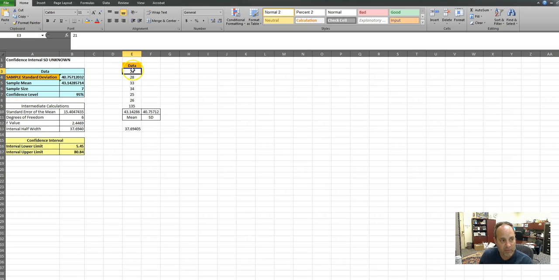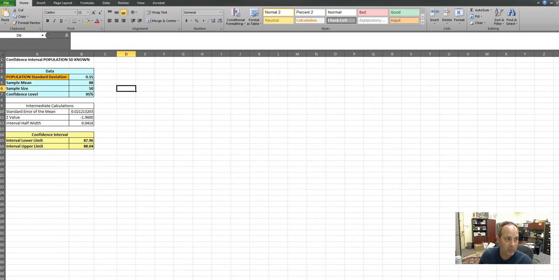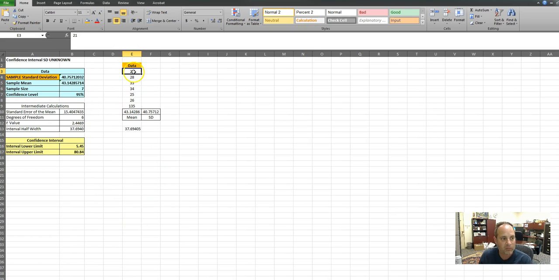I gave a little sample data set here, just to give you an example of that. On the previous example, you could also do it off raw data and just plug the numbers in here. In this example, here's a small data set. I calculated the mean, I calculated the standard deviation, and I just have it pointing to those calculations, as you can see by the cell references. And again, it calculates the confidence interval for you.